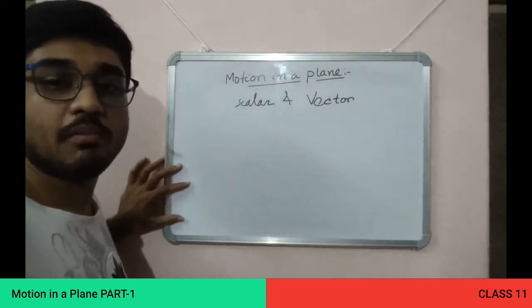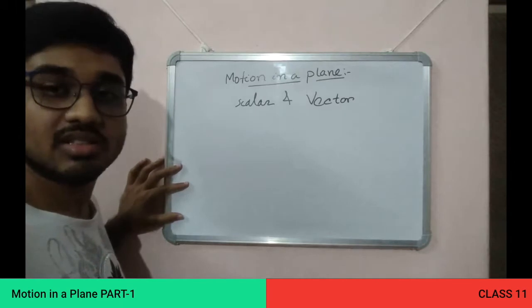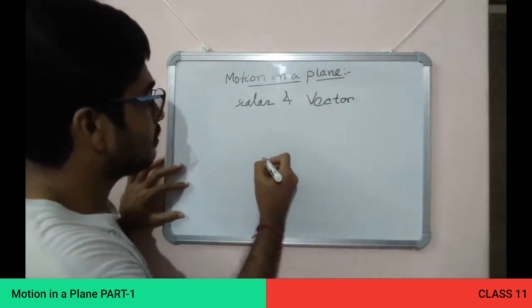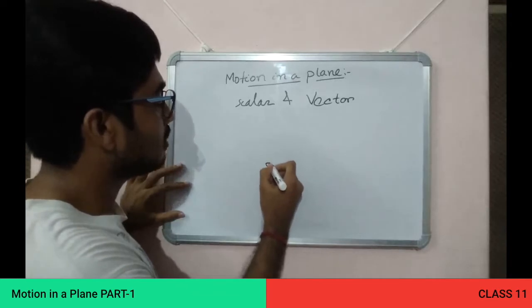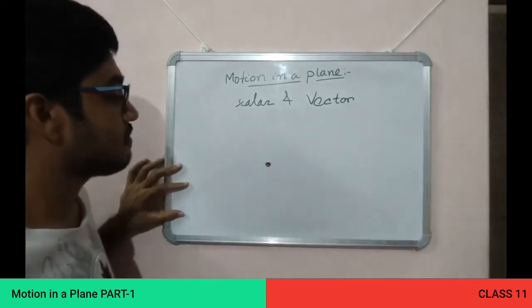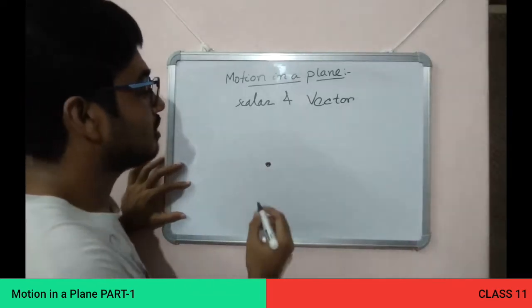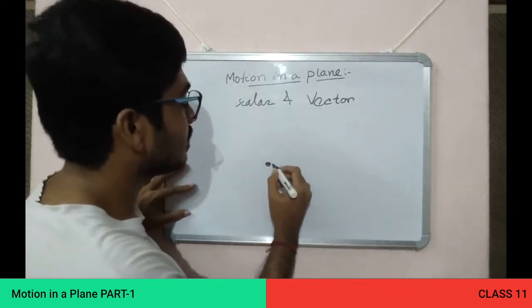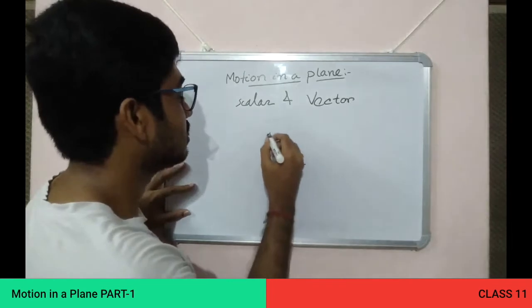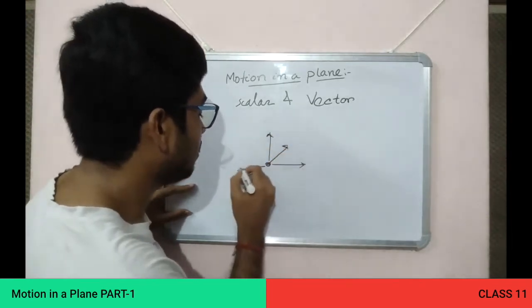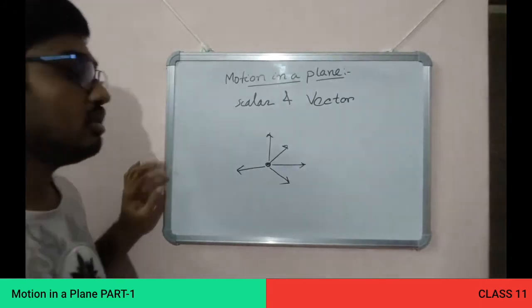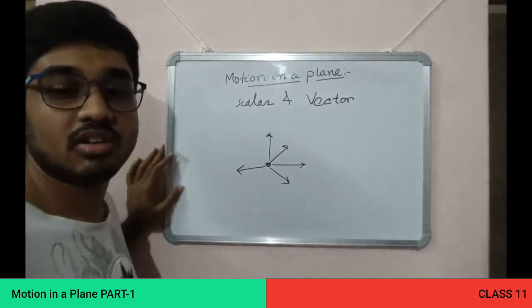Suppose you ask a man to travel a distance from here. He can travel in any direction, like this direction, this direction, even this direction too, and also this direction. So you have not specified his direction of motion.